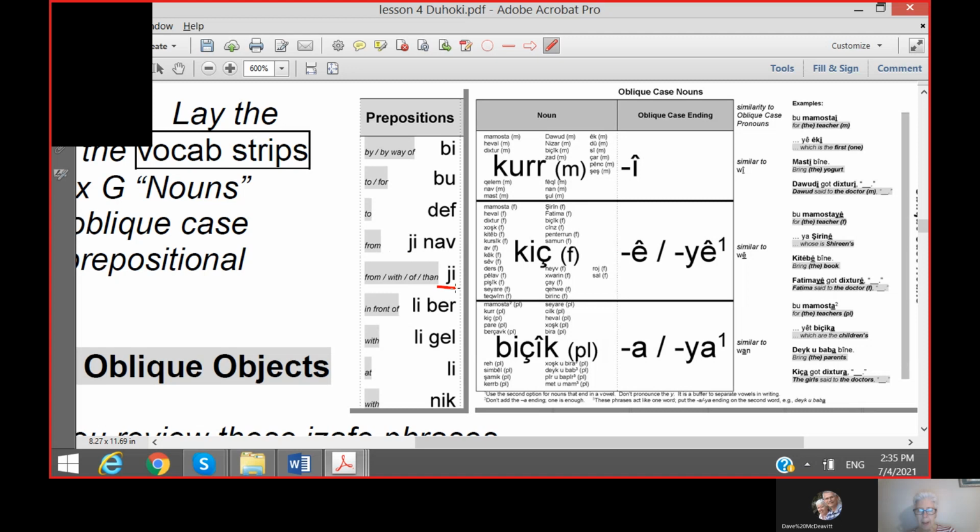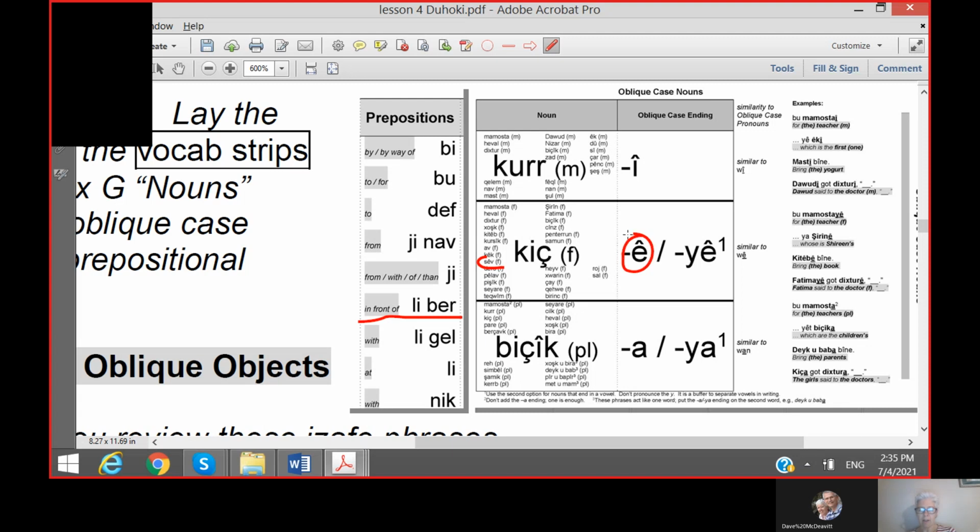Front of. Le bed, so whatever it is that I'm looking for is le bed.